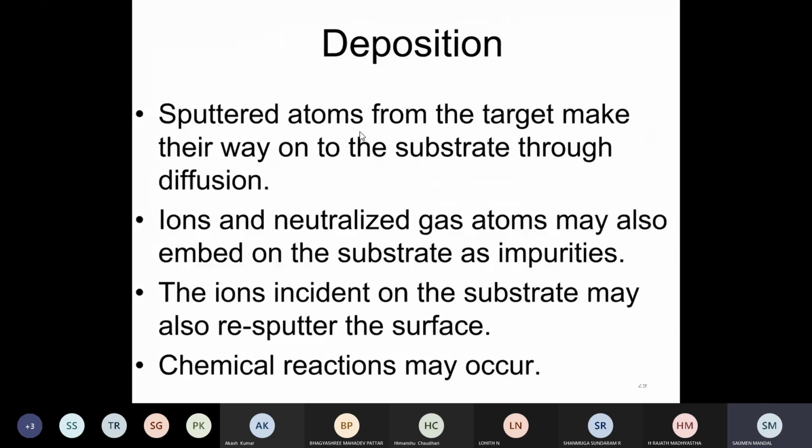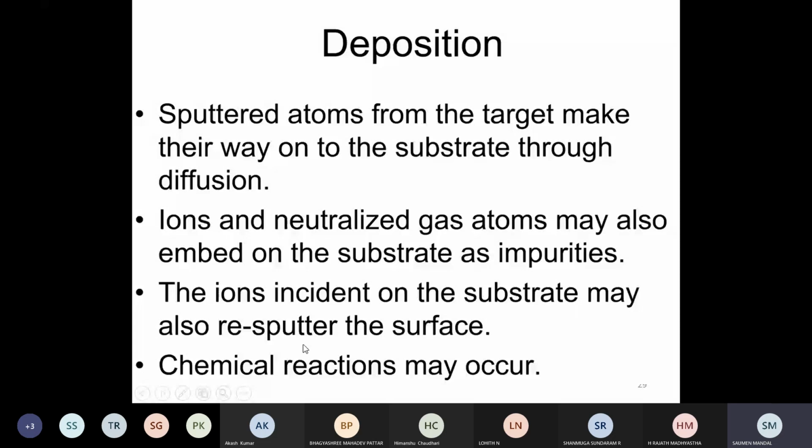Now this ion and the neutralized gas atom may also get embedded in the substrate as impurity. So the argon plus ion, or some neutralized gas, can come to the substrate, and it may act as impurity. There is a possibility. And then ions incident on the substrate may also re-sputter the surface.